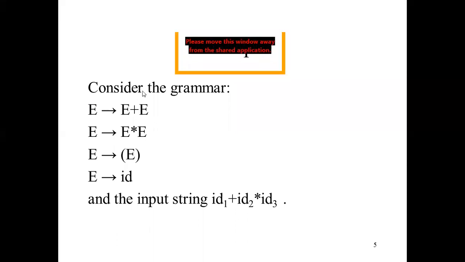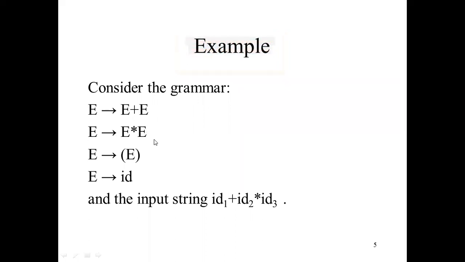Here I am mentioning E arrow E star E. It means that if there is a need, we can break E into E plus E, or we can replace it as E star E. This depends on the output we want to achieve.